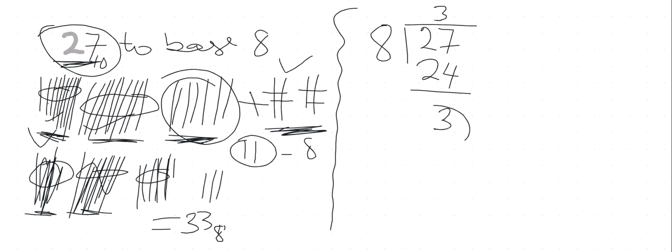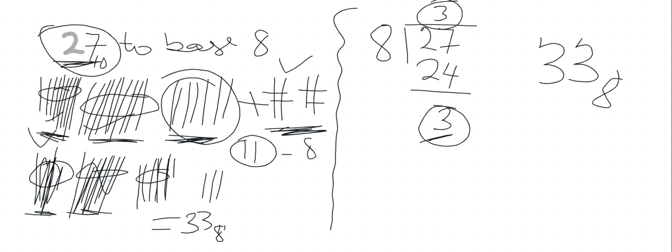So if you do that division, basically the number of 8s becomes the first digit, and then the remainder becomes the second digit in base 8. We are done. So you don't have to be drawing the bundles of sticks like I have done, but you can just do your basic divisions like this. Divide the units by the new base you are finding.